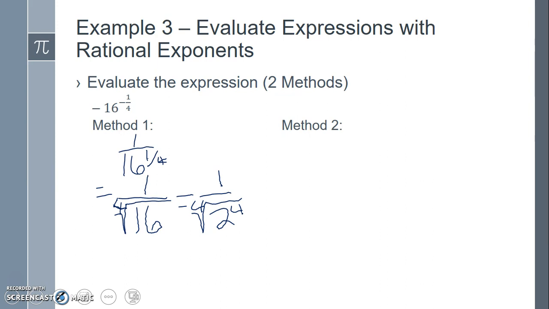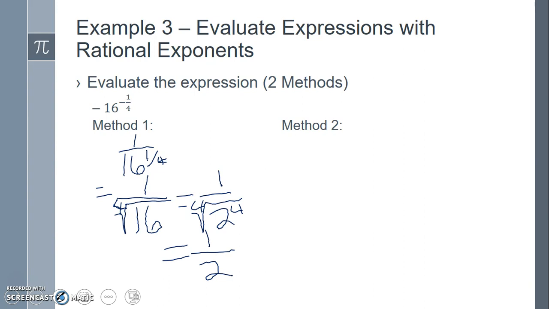If you recall, we talked about how square roots and squares are opposites, are inverses. So fourth roots and 4th powers are also inverses. They cancel out, and what we're left with is 1/2.